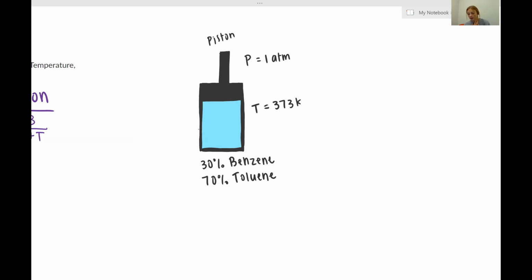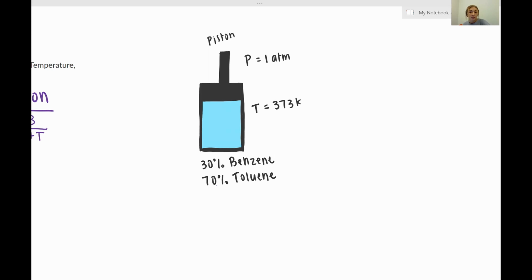So we have a purely liquid substance inside of our tank here with a piston above. So we just have liquid in there. Our external pressure is going to be 1 atmosphere. And here below we have 30% benzene and 70% toluene ratio for our purely liquid mixture.